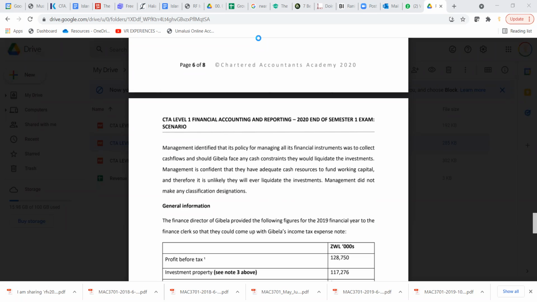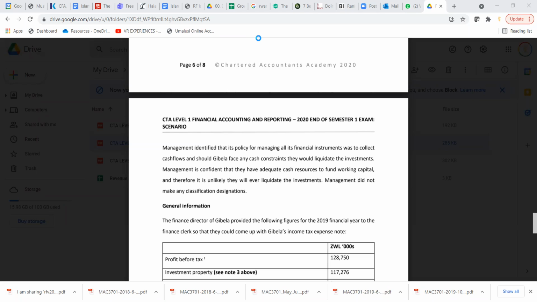In order to get to that point, you need to first show why it is not amortized cost. So you need to first test for amortized cost. The way you can show that it's not amortized cost is by testing the business model. Once it's not amortized cost, you then need to test it for fair value through OCI.